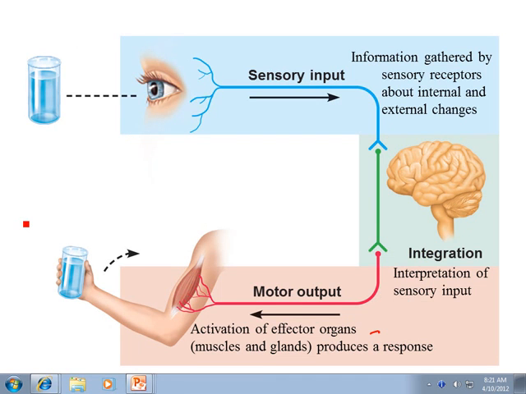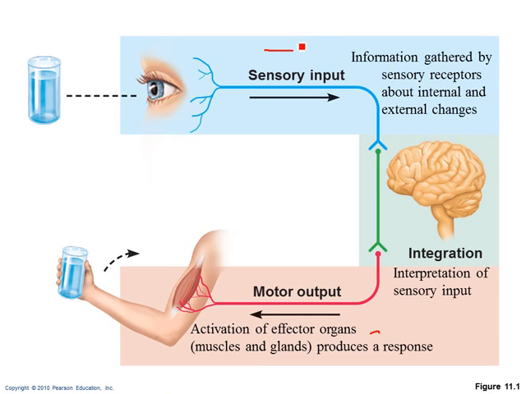The way the nervous system works is basically the nervous system is composed of information coming in, or input, from your sensory receptors. It can be external, like vision, or hearing, or pain, or touch, hot, cold, anything like that.